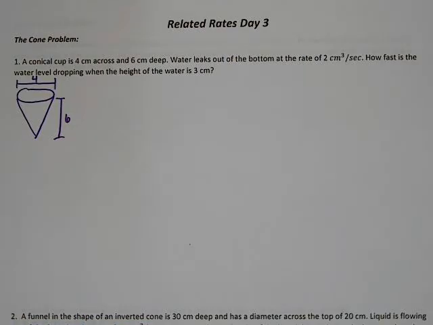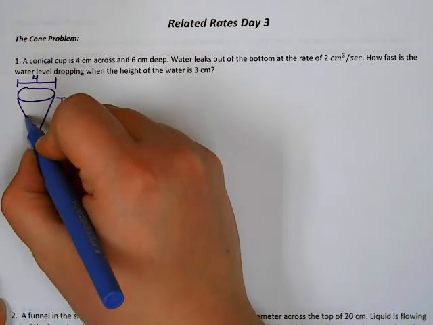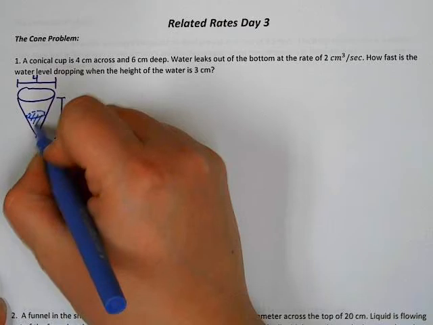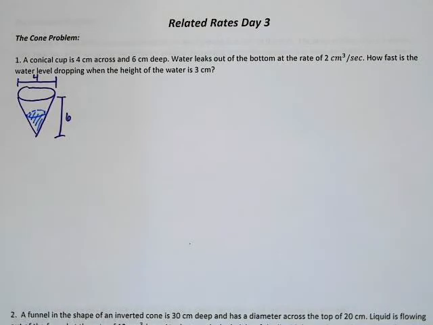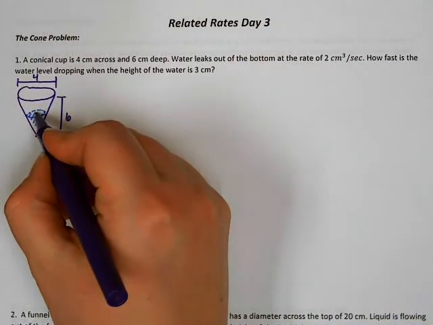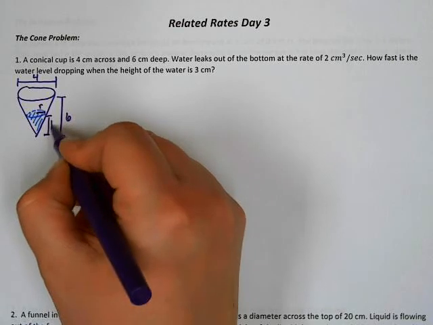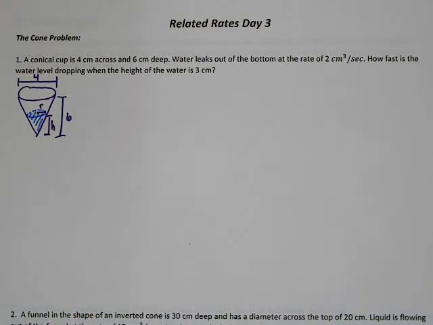Since the water is leaking out, we want to look at some random level of height here. So if this is some water in there, then we could say that this is the radius, and this would be the height, because water is leaking out. So we don't know what it is at all points in time.